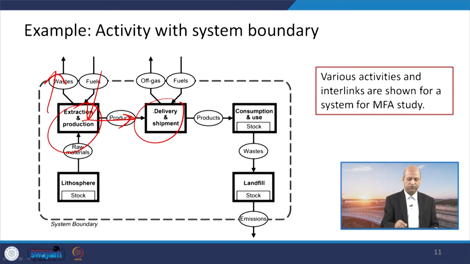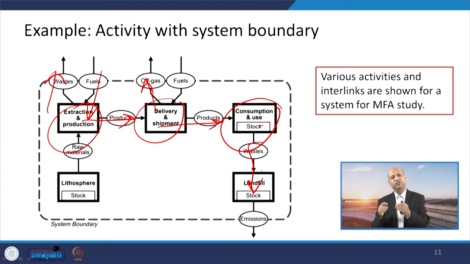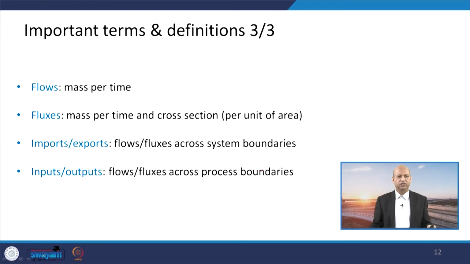Again transport related activities will be there, some gaseous pollutants will be there, fuel will be consumed, another product is going, it will be consumed or used, right. And as stock, after usage some waste material may be created. So, that waste will go to landfill. So, at every stage if you do this MFA, you can easily calculate how much waste will be generated. So, the landfill design can be optimum that way.